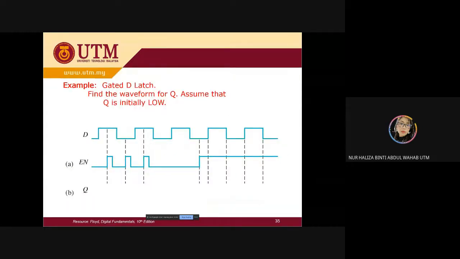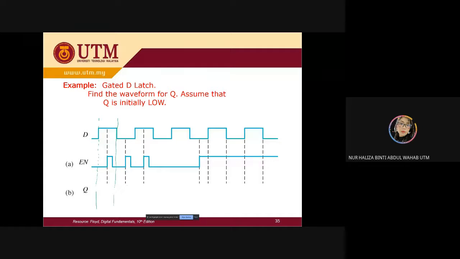Okay, now let's take a look at this example. For this example, first thing first, what you need to do is draw the dotted line for the D changes.